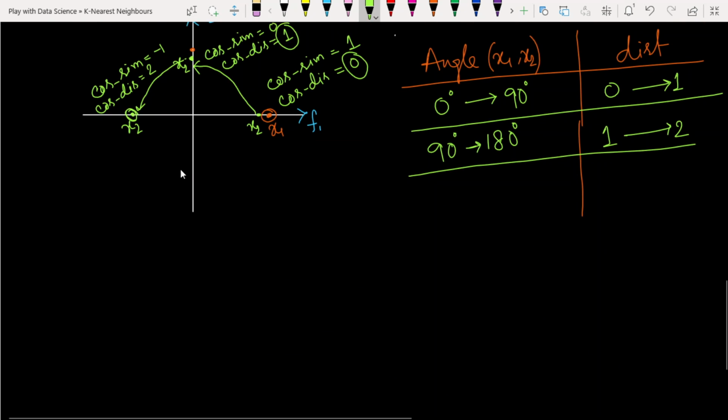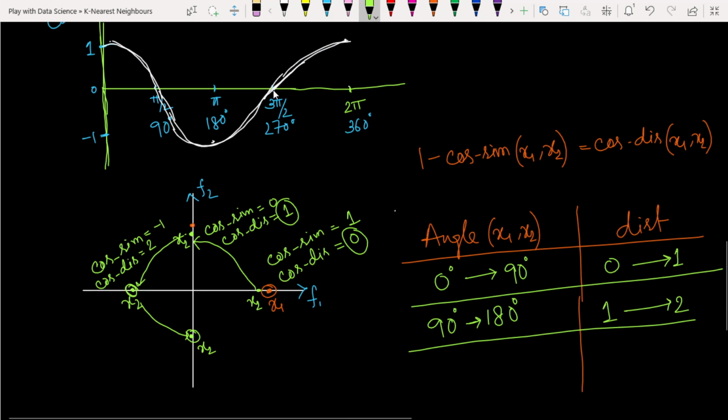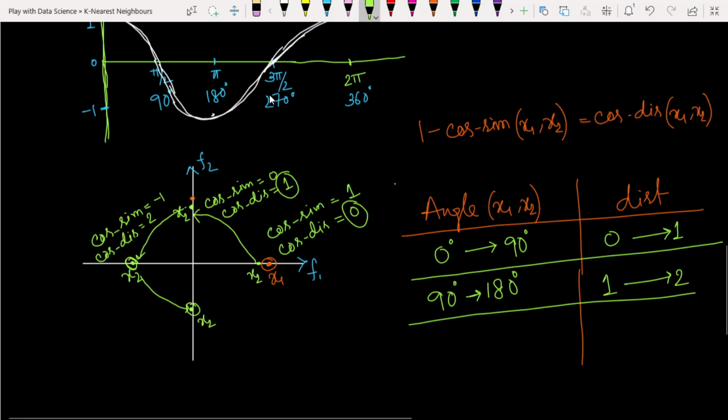Now the same thing is repeating here. I am now moving the x2 point closer and closer to x1. So at this point, what will be the angle? From 90, 180, 270. So cos 270 means 0 again.